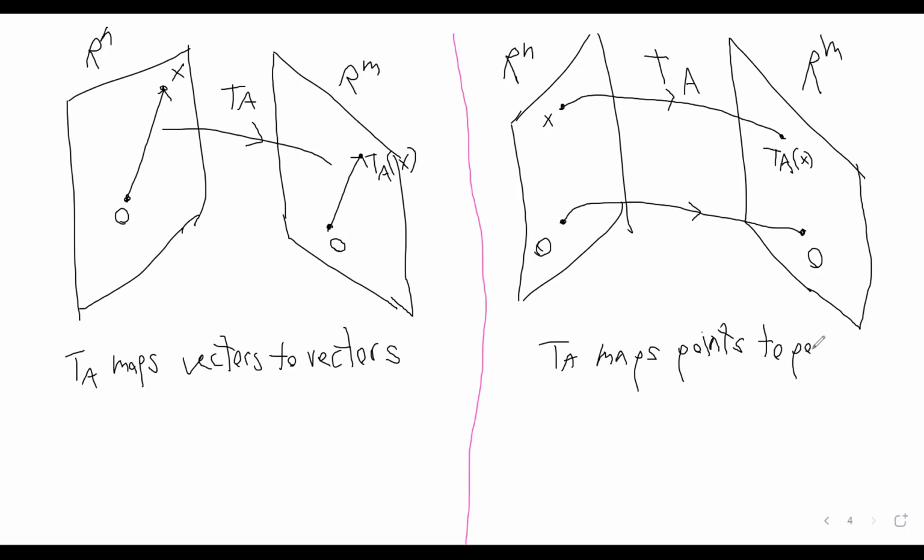You can either think of elements of Rn as literal vectors, and think of this matrix transformation as mapping vectors to vectors, or instead describe them as points in the space Rn, where those points represent a vector, and then T sub A would map points to points. Points in Rn to the corresponding points in Rm.